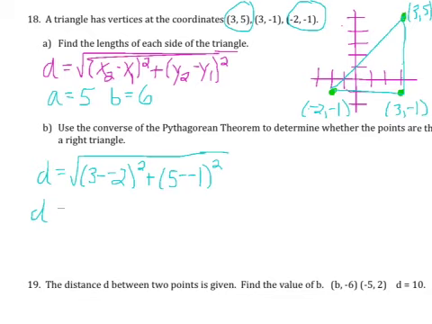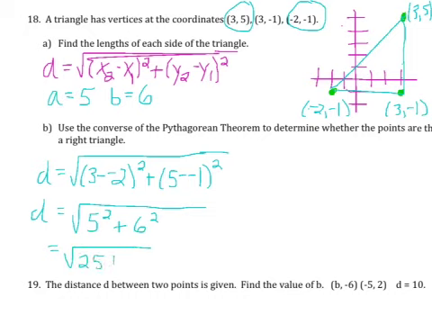So I get that the distance equals 3 minus a -2 is a +5. And 5 minus a -1 is a +6. So I get the square root of 25 plus 36, which is the square root of 61.